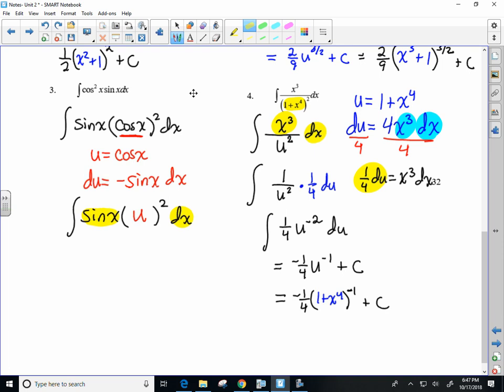I need a sine x dx. I have a sine x dx, but I also have a little bit more than that I don't want. All right. So what I'm going to do is negate both sides. And that's going to give me negative du equals sine x dx.